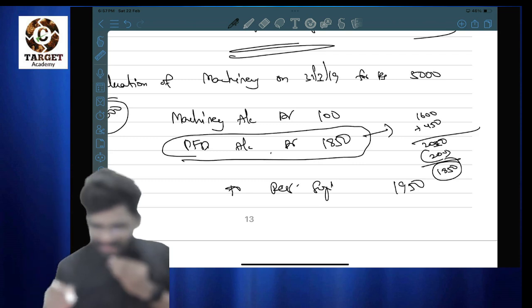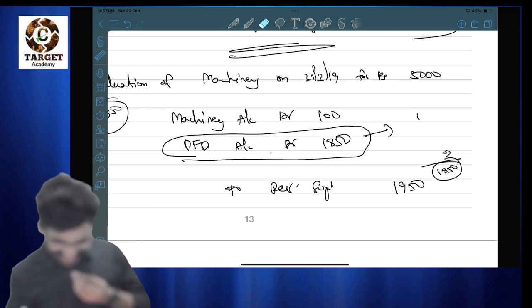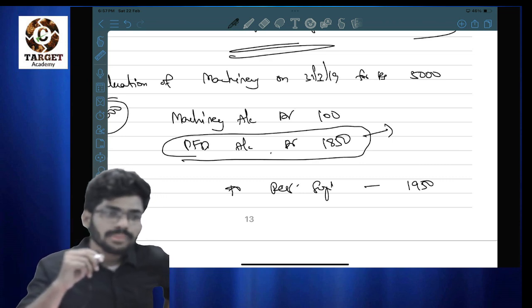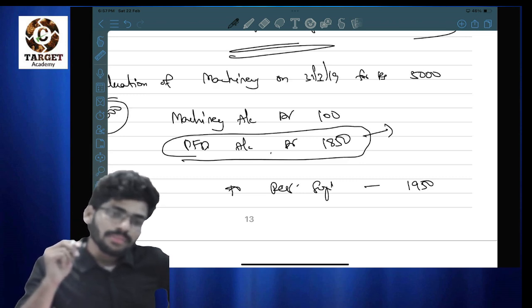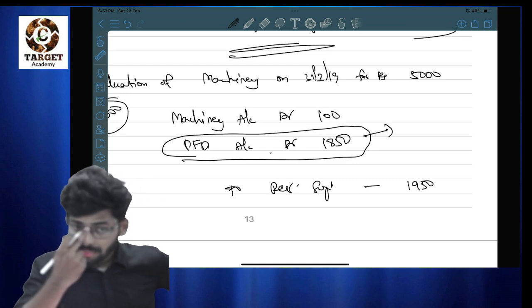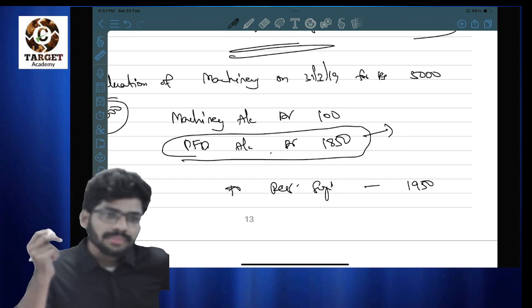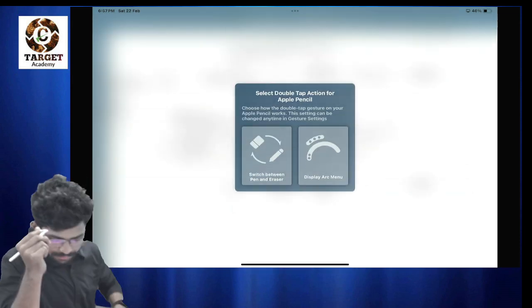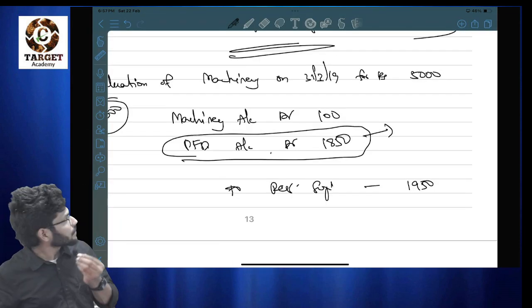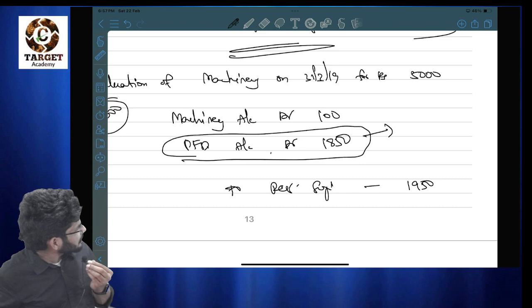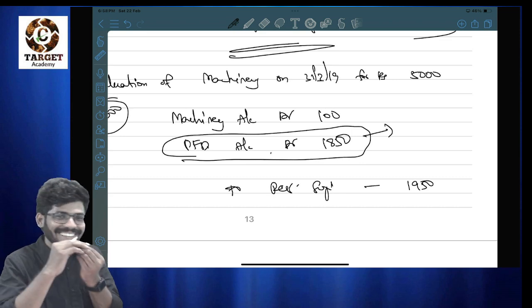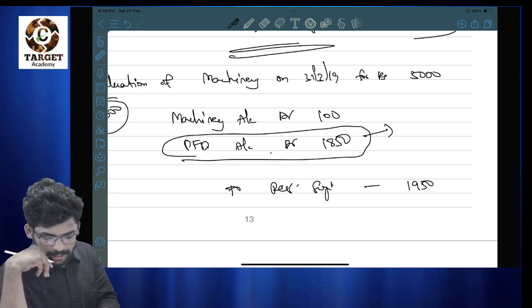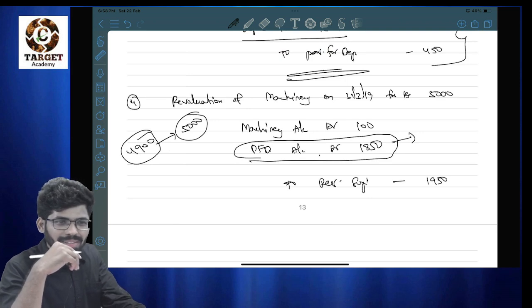Okay, please note down. If it is revalued to 4,000, that is revaluation downwards, then the revaluation surplus concept will never come into existence.